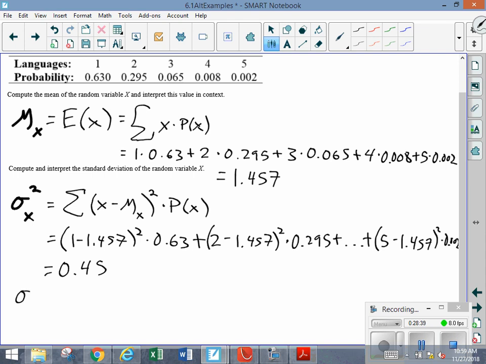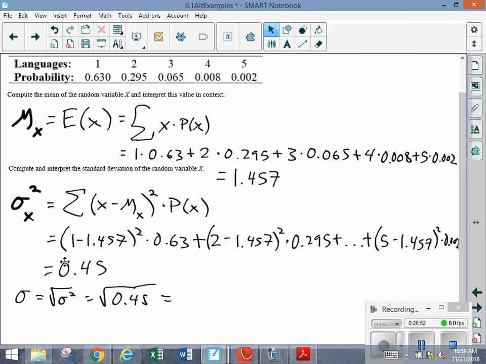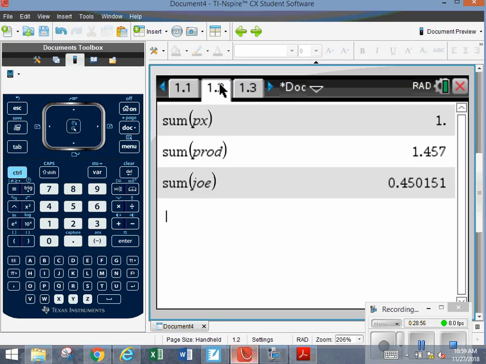Our standard deviation is the square root of our variance, which is the square root of 0.45, which is probably not going to be an exact answer. So I'm going to use the square root function.